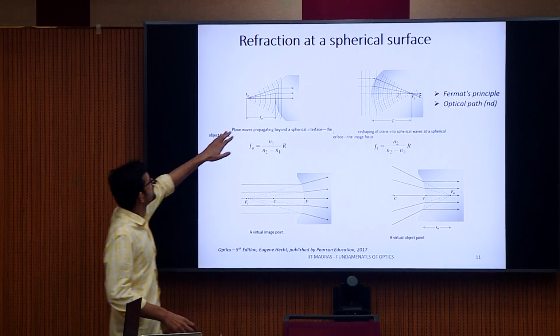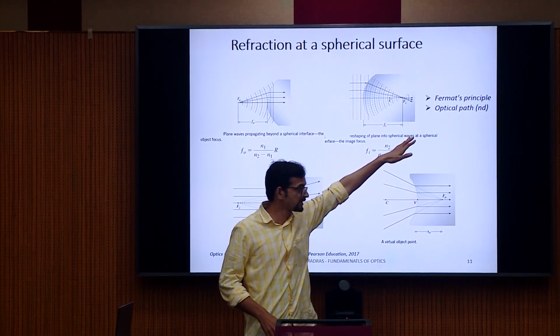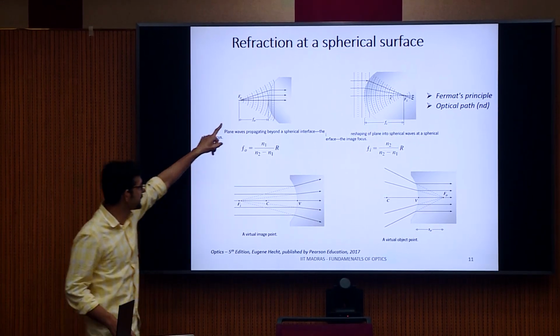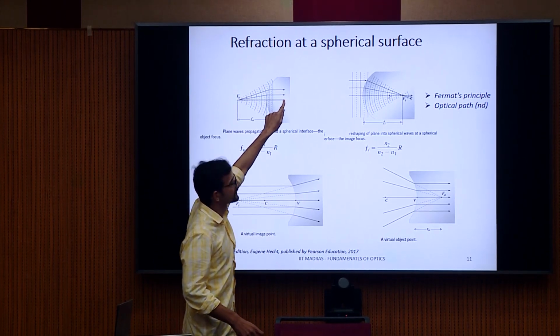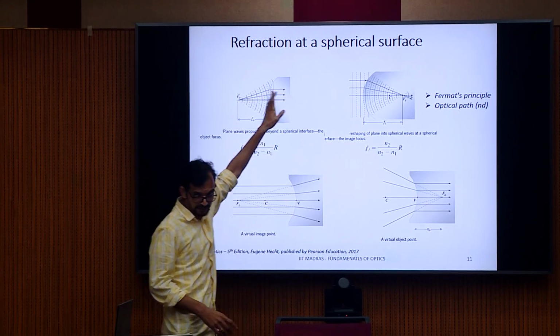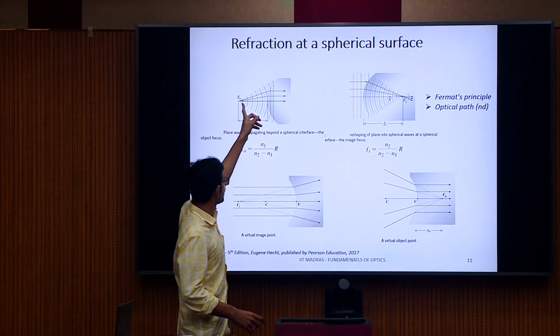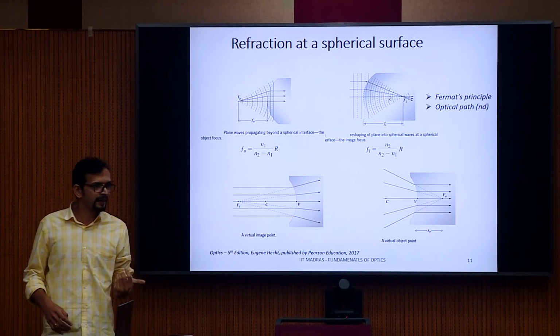So let us start with this image. To understand this one, I would recommend you to read Fermat's principle and optical path, because if you look at this figure, the rays start from here and reach here. All the rays reach at the same time, okay, Fermat's principle. But when we look at this figure, it appears that this ray travels more than the central ray, right?